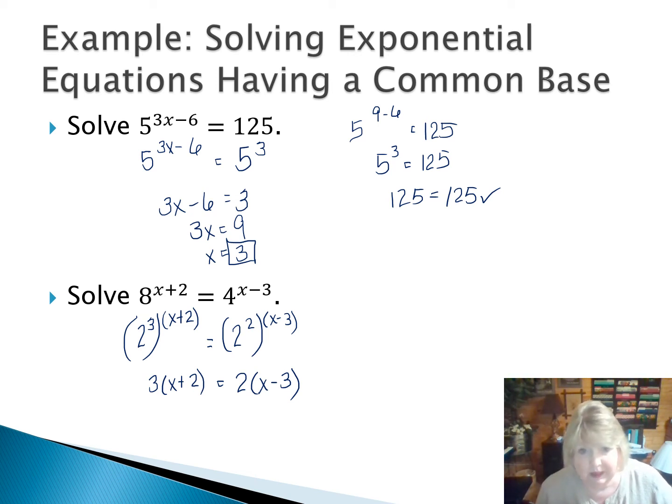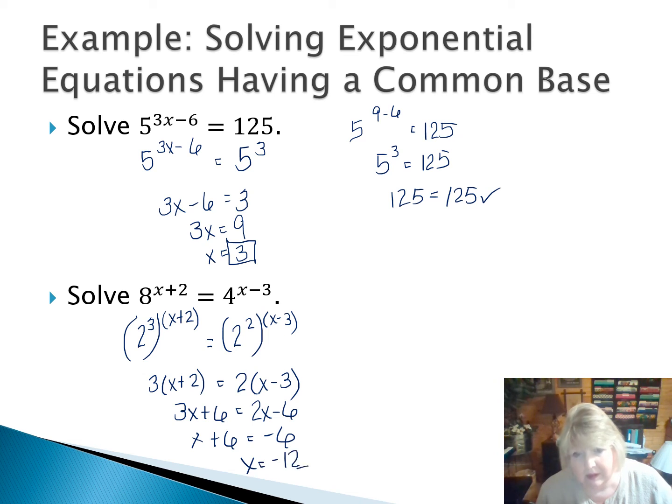So this would be 3x plus 6, maybe, equals 2x minus 6. I'm going to say minus 2x on both sides. And I'm going to subtract 6 from both sides. I think x is negative 12.